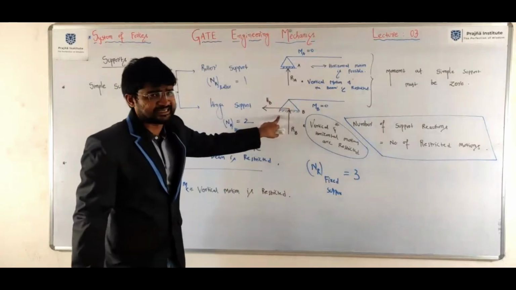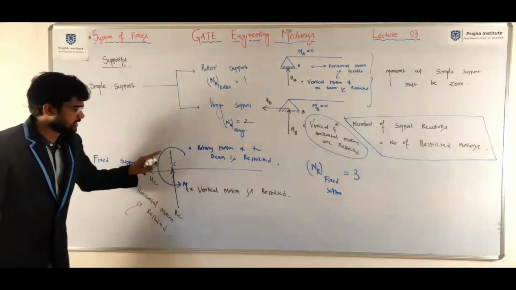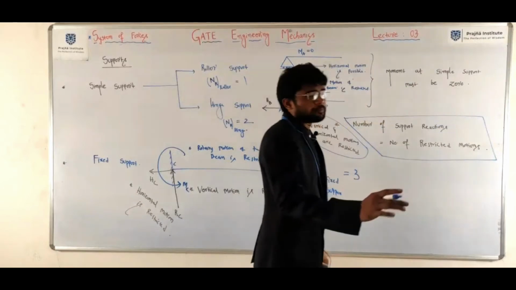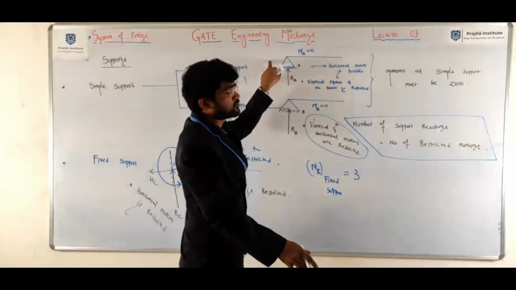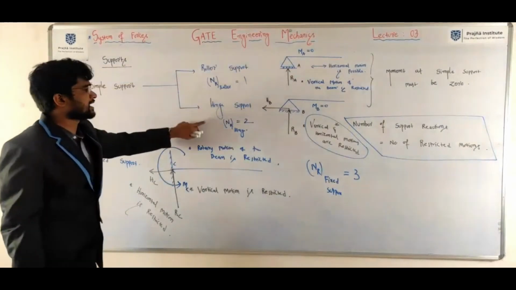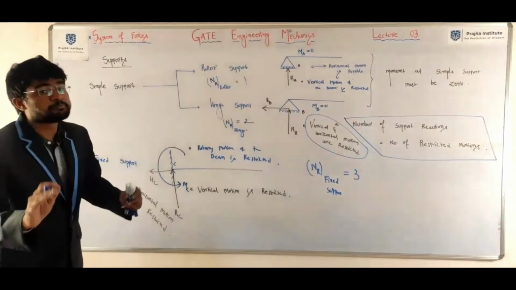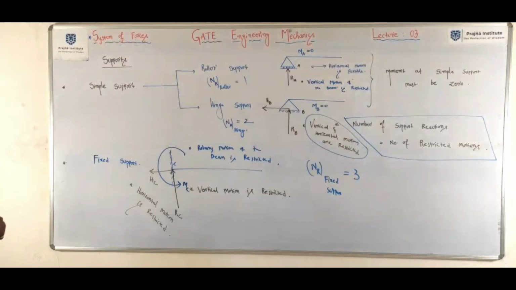Two motions are restricted, two support reactions. Three motions are restricted, three support reactions. One more good point, moment at the simple support must be 0. Why? Because moment is allowed at the simple support. It may be roller and hinge support. Roller and hinge support is called as simple supports. Now, write down up to here.